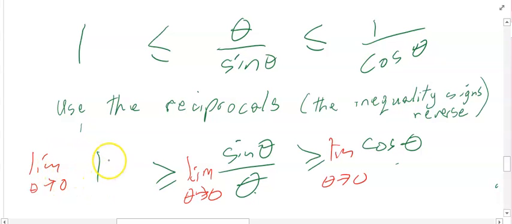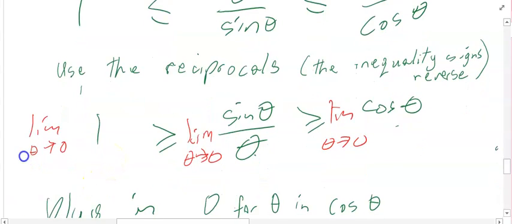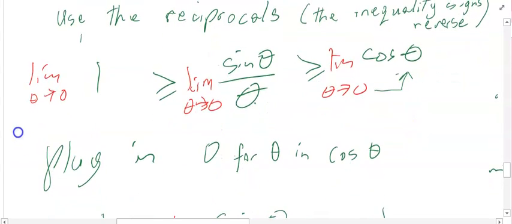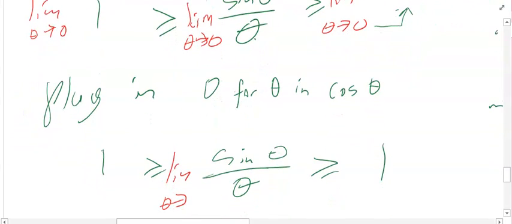The limit of a constant is always the same constant. The limit as theta approaches 0 of cosine theta: plug in 0 for theta, the cosine of 0 is equal to 1. So now we have 1 is greater than or equal to the limit as theta approaches 0 of sine of theta over theta, which is greater than or equal to 1.